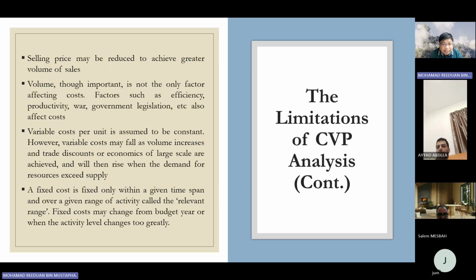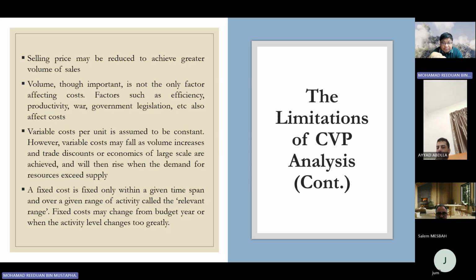Okay, and this is another limitation of CVP. Selling price may be reduced to achieve a greater volume of trade. So this is the theory. Volume is not the only factor affecting cost. Factors such as efficiency, productivity, government regulation, etc. also affect the cost, and then pricing increases.